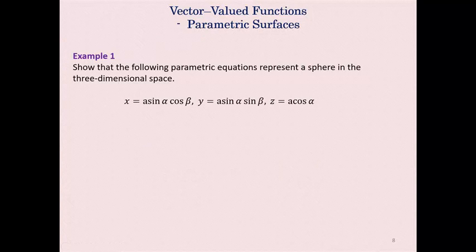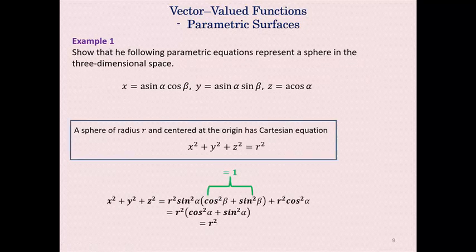A quick example: we are asked to show that these parametric equations represent a sphere. In this case, alpha and beta are the two parameters. We recall the equation of a sphere in Cartesian form: x squared plus y squared plus z squared equals r squared, where r is the radius. This is a sphere centered at the origin.